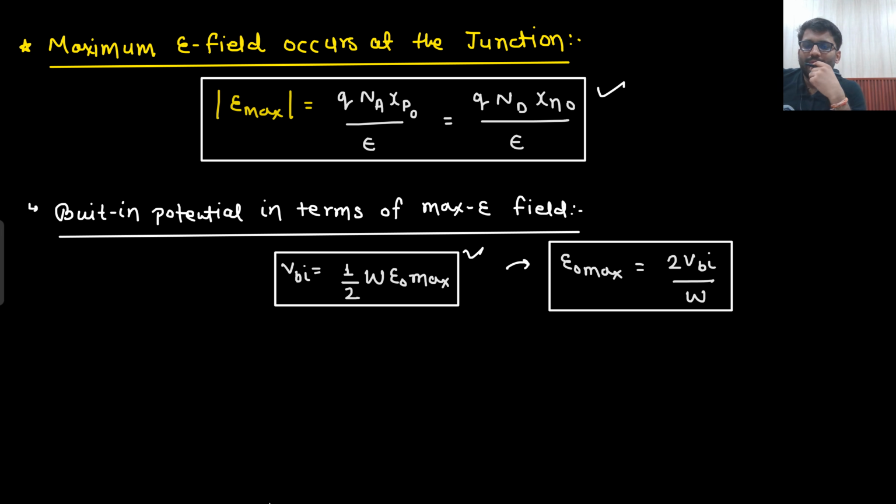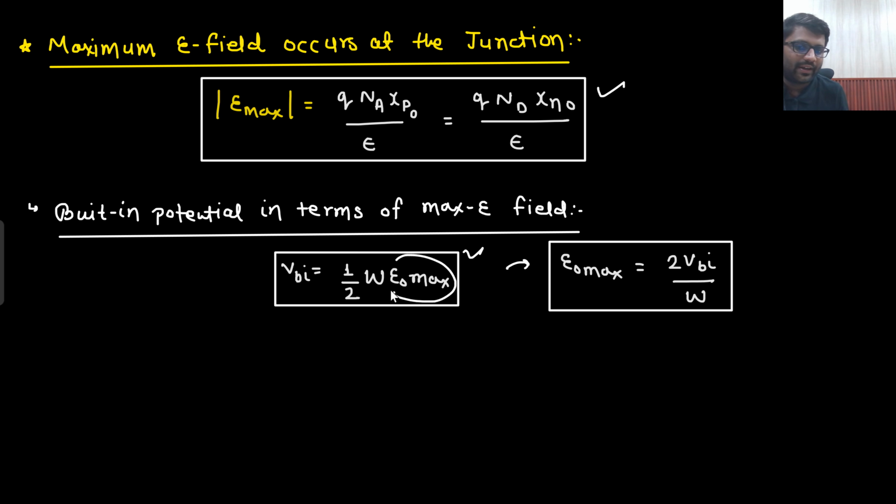So what I do, shall I do it here only or later on? If I teach this, here only let's derive the formula of this depletion width. I'm going to derive the formula of depletion width in terms of built-in potential.